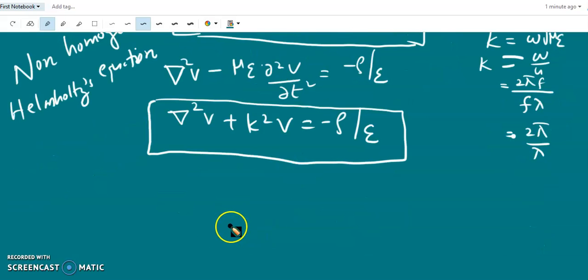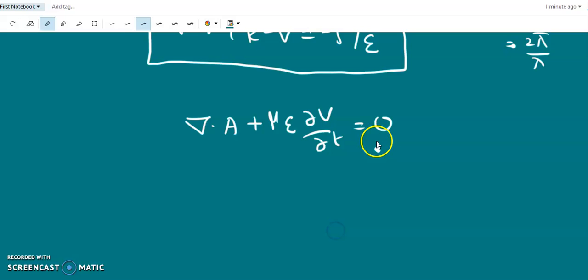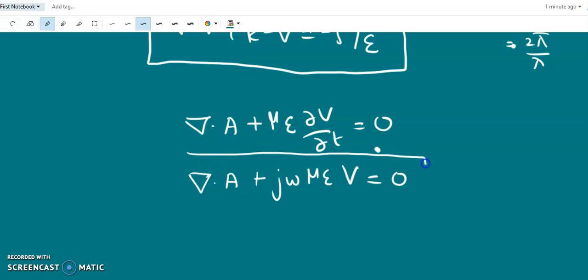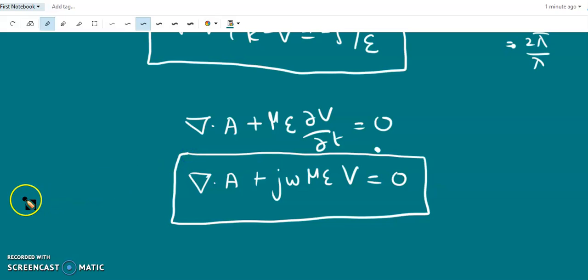And similarly, the Lorentz gauge condition del dot A plus mu epsilon dou V by dou t equal to 0, under time harmonic conditions, is given by del dot A plus j omega mu epsilon V equal to 0, where dou by dou t is written as j omega. So this is the Lorentz gauge condition in the time harmonic case, or in the phasor notation.